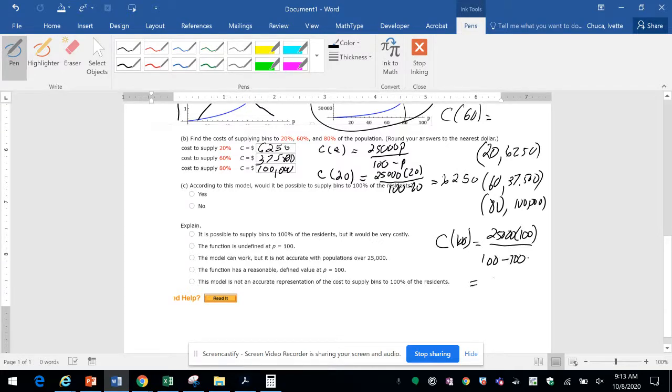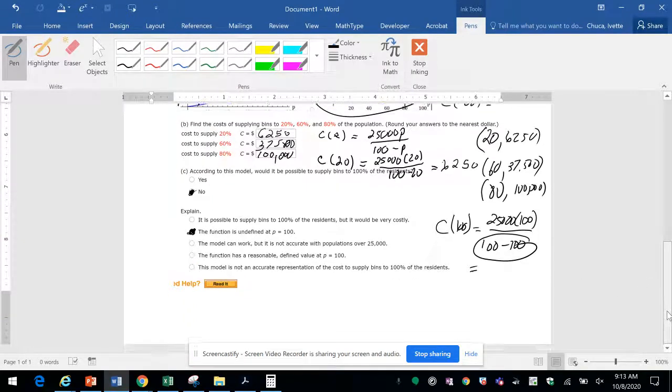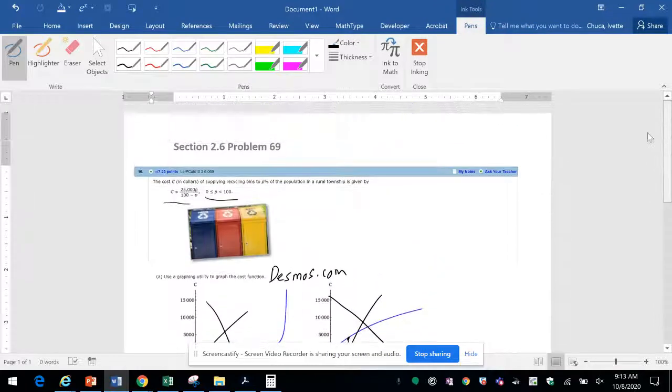In this situation, we cannot have 0 in the denominator. It's undefined, so we would say no. Explain. It is not possible to supply the bins to 100% of the residents. The function is undefined, since I get 0 in our denominator. Okay, so this is problem 69 in section 2.6.